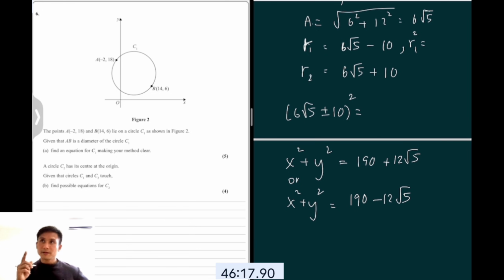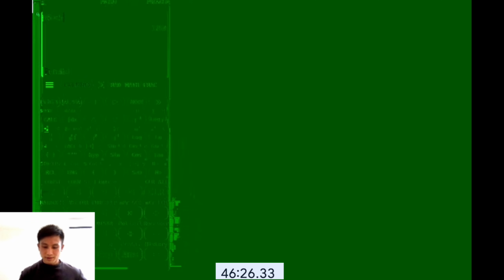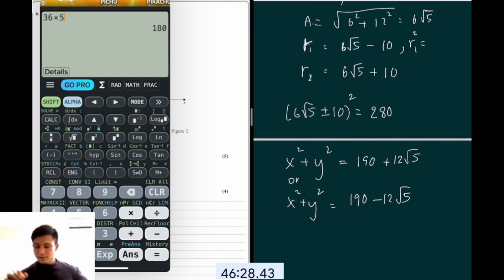It should be 36 times 5 is 180, but 10 squared is 100, so 280. Yep, 180 plus 100, 280. And then 2 times 6 is 12, 12 times 10 is 120. So this is plus or minus 120 root 5.